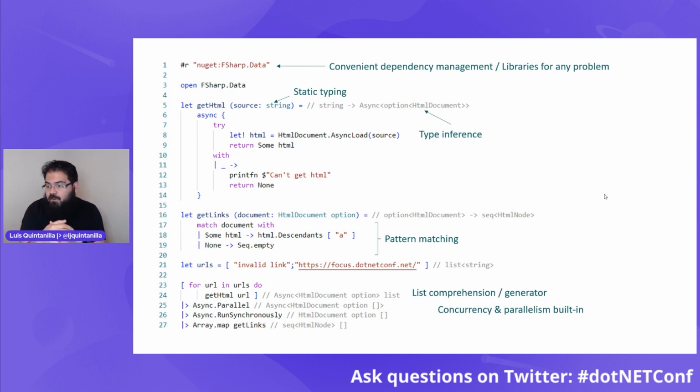And there's also type inference, which is probably the next best thing or the closest that you can get to dynamic typing inside of a statically typed language, from the standpoint of I'm not explicitly defining the types here, but the compiler is able to guess or infer the types that I'm working with based on the code that I have inside of my application, right? You have things like pattern matching, list comprehension, generators, and concurrency and parallelism built in.